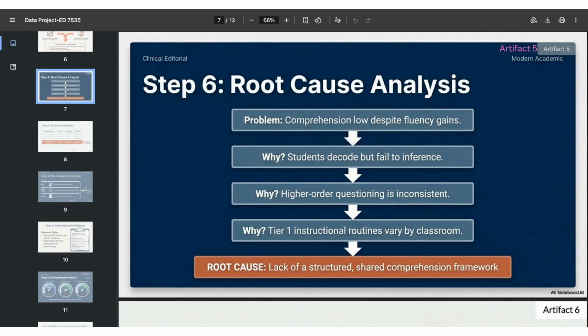Using that root cause analysis protocol, the team asked why repeatedly to move beyond assumptions. Our findings suggested that we have some inconsistent modeling of comprehension strategies. There's a variability in questioning rigor. There's limited structured writing about reading, and there's also inconsistent small group alignment.